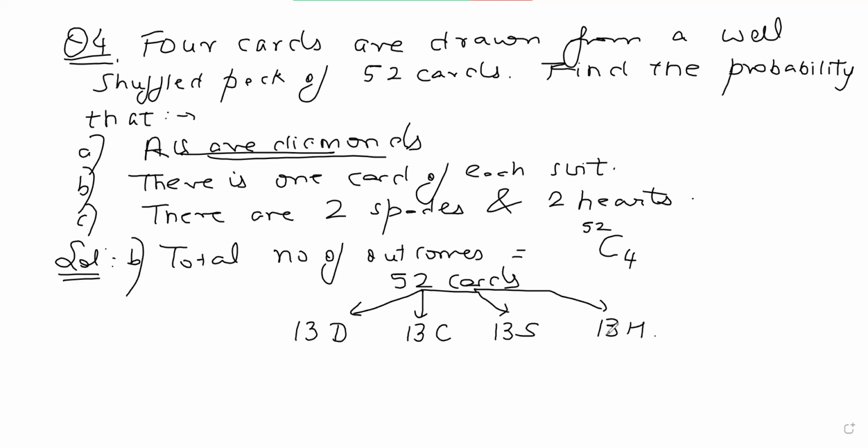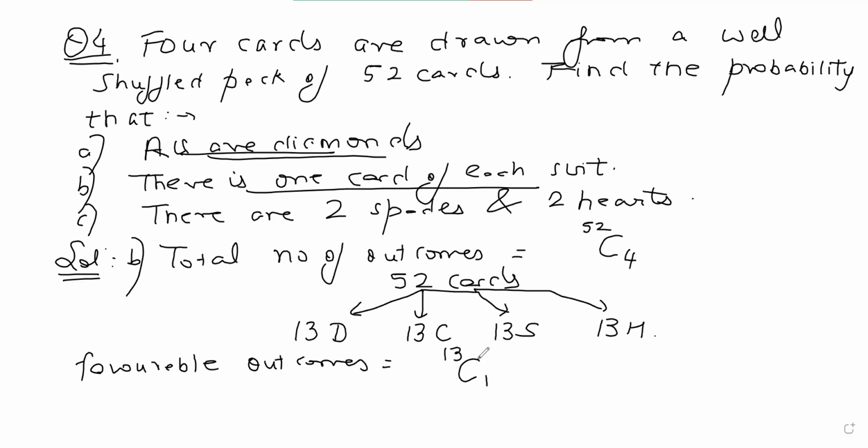Now what is my favorable number of outcomes for part B? There should be one card of each suit. That means one card out of 13 should be diamond, and means multiply, one card out of 13 clubs, one card out of 13 spades, and one card out of 13 hearts.